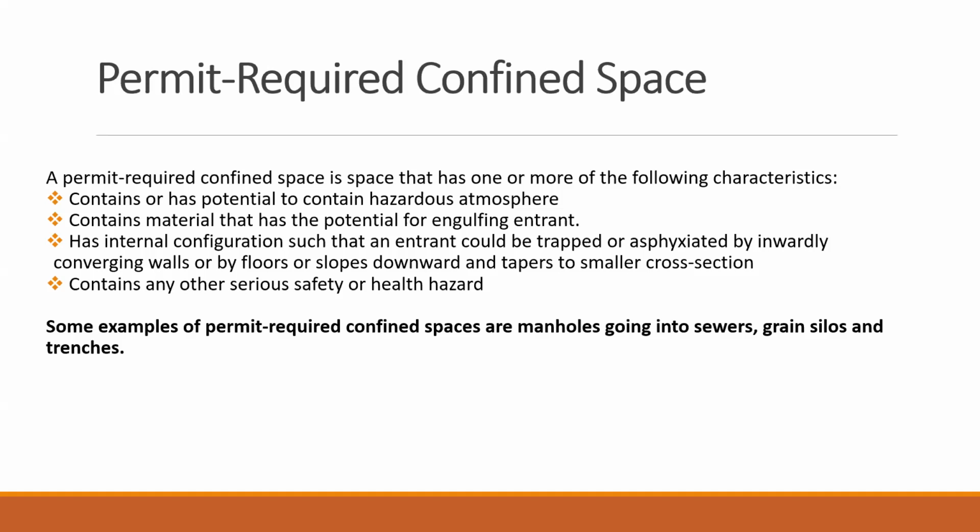For example, due to the reduction of oxygen, he is not able to breathe normally, and he can fall in the confined space. Other serious safety and health hazards also exist in confined spaces. The best examples of confined spaces, as we already discussed, are manholes, sewers, grain silos, boilers, trenches, etc.